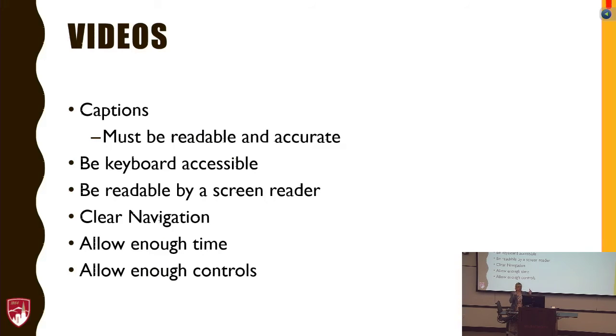Don't automatically play, because that can cause issues with these readers. And if somebody has manual problems, then they're scrambling to pause it until they get ready. So it's better to have them not autoplay. And allow for enough controls, captioning controls, sound controls, things like that, that'll make them more accessible to everyone.